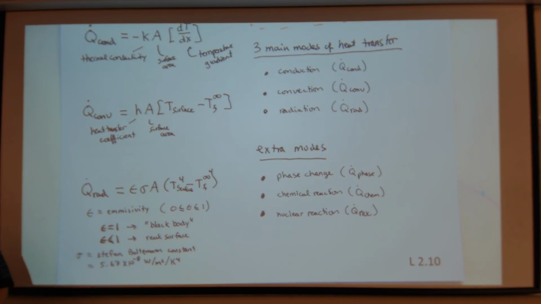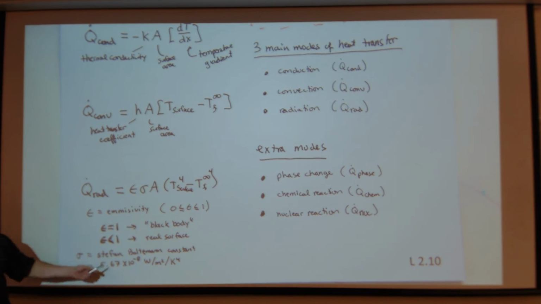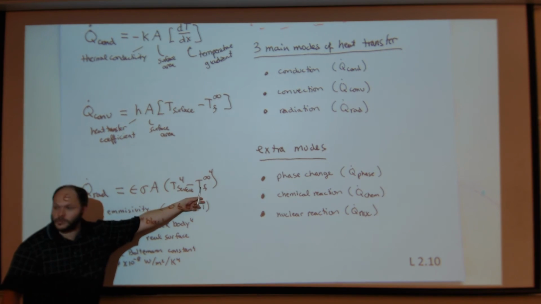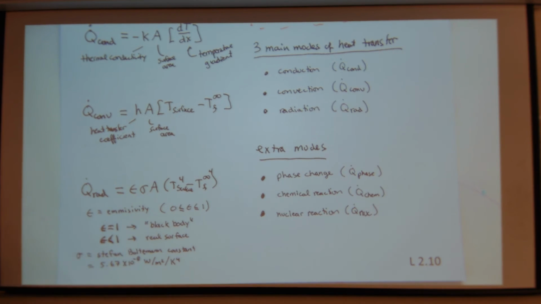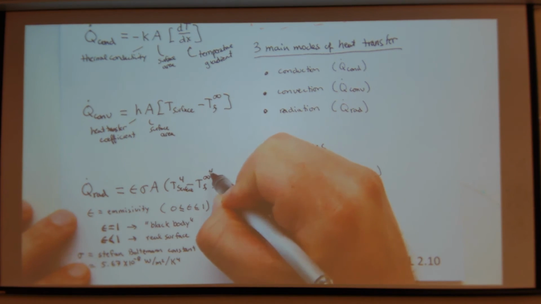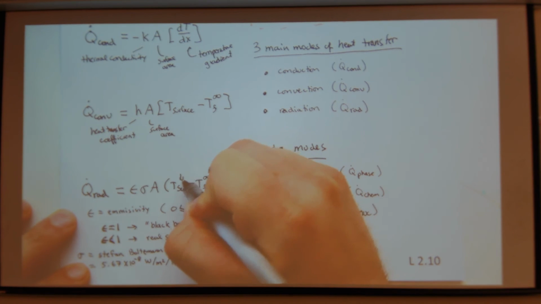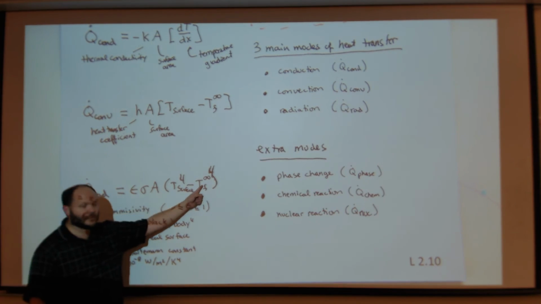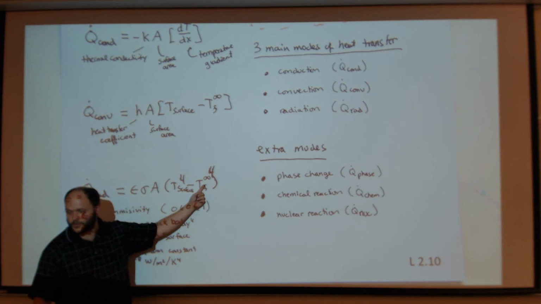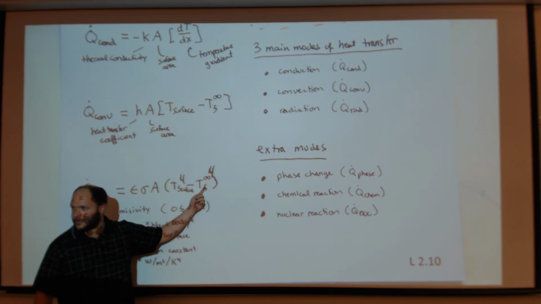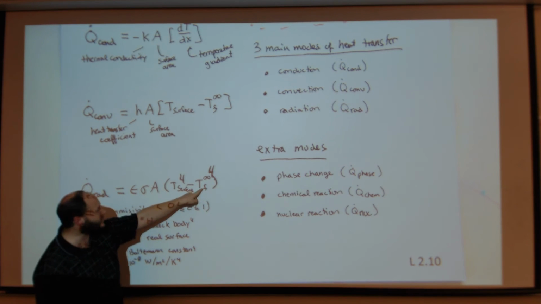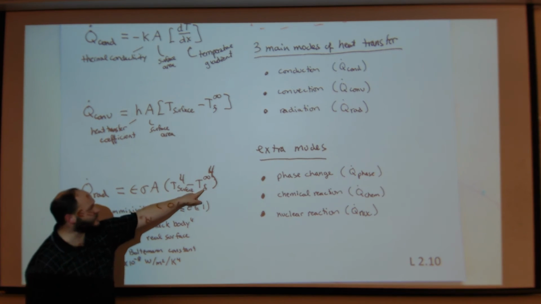If I want my wood-burning stove to heat my room better, I want my stove hotter. My room's at room temperature. Granted, that looks a little goofy right there, now that I think of it. So this is to the 4th power, and this is to the 4th power. My room temperature is 300 Kelvin to the 4th power. I'm not going to go through the number, 3 to the 4th power with all the zeros.